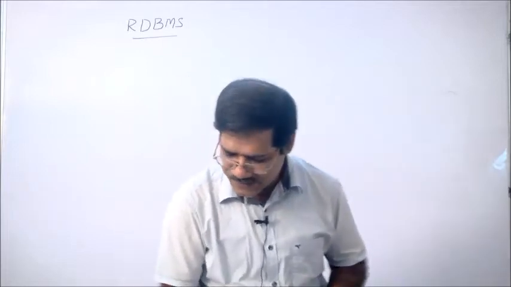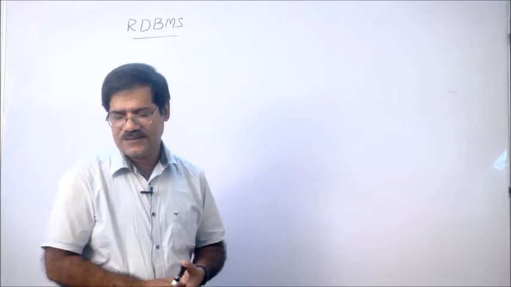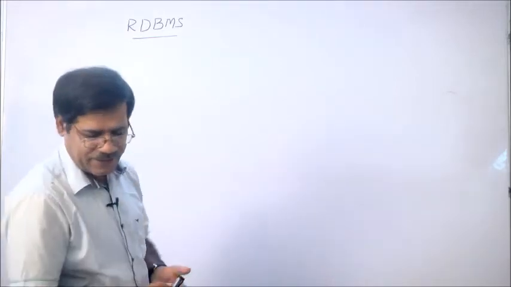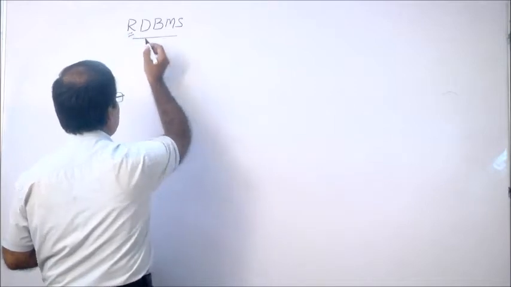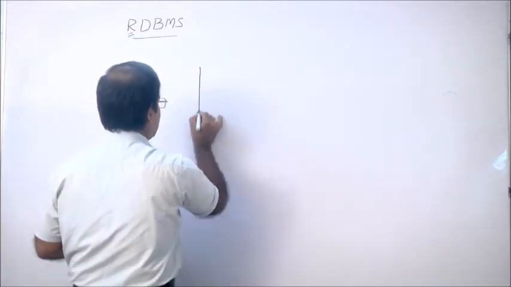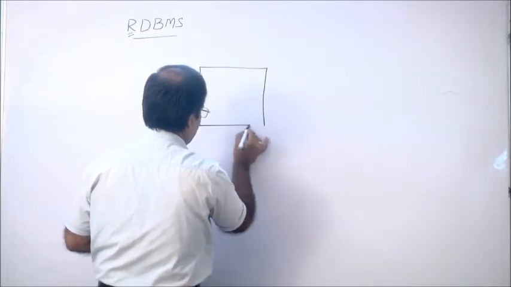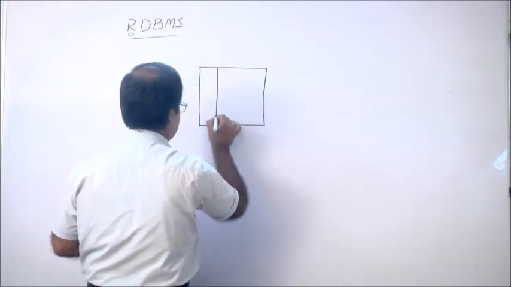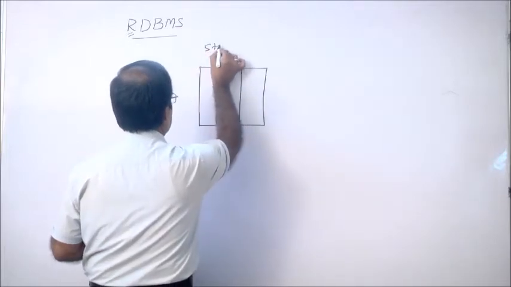The next concept. As in RDBMS, as the name is relational, all the data is maintained in a table, which is called a relation. Let the table be the student table.